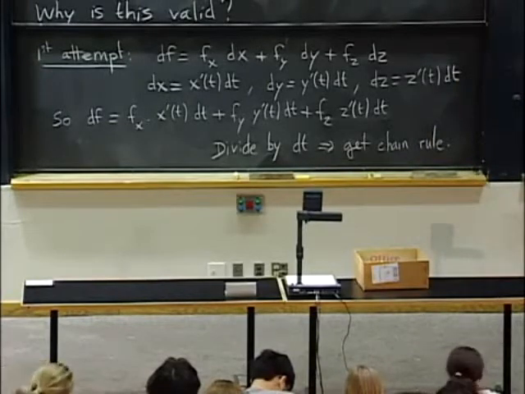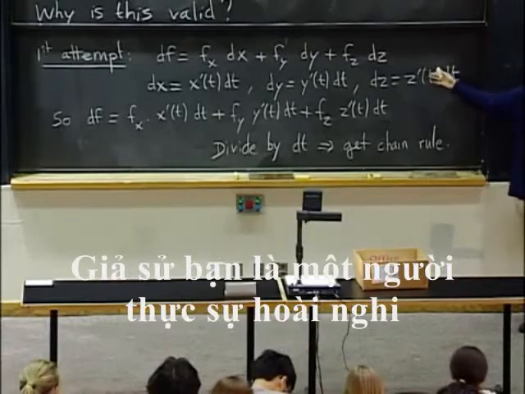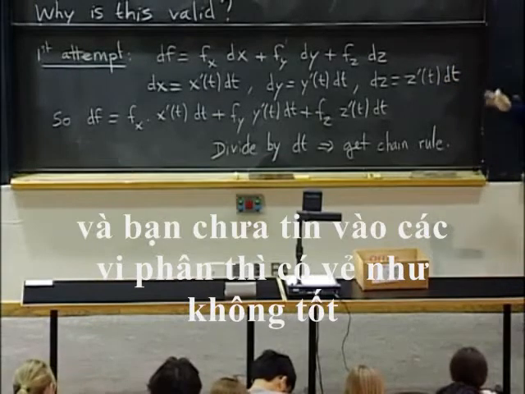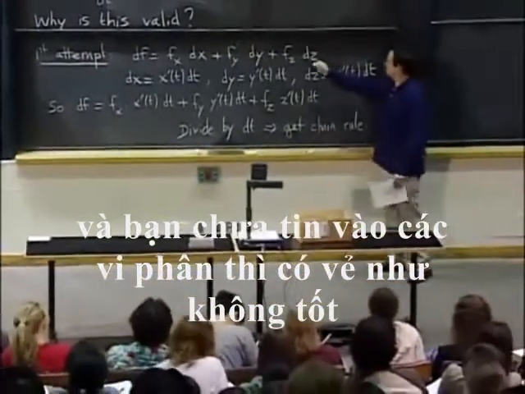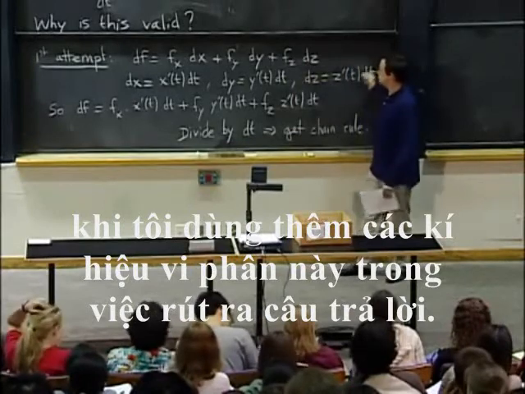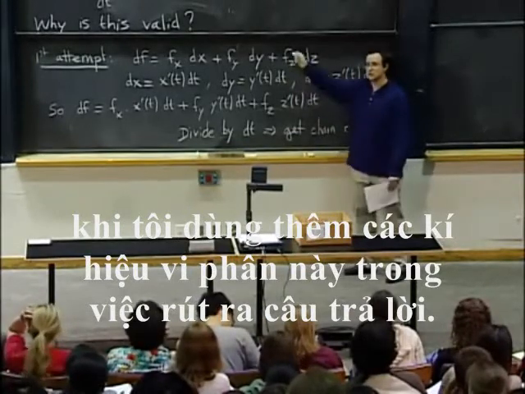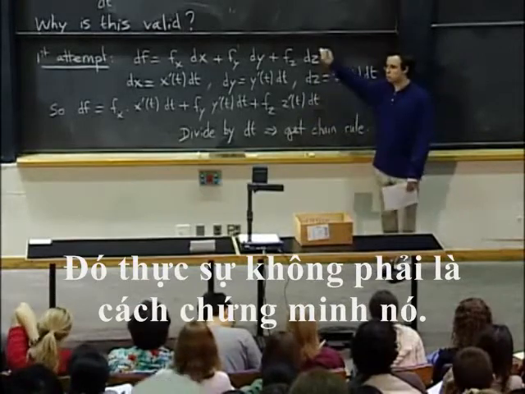Now, well, that kind of works, but that shouldn't be completely satisfactory. Let's say that you're a true skeptic and you don't believe in differentials yet. Then, it's maybe not very good that I actually used more of these differential notations in deriving the answer. So that's actually not how it's proved.